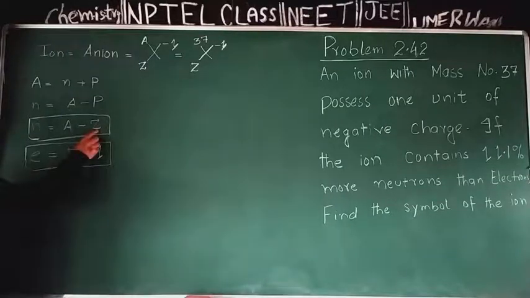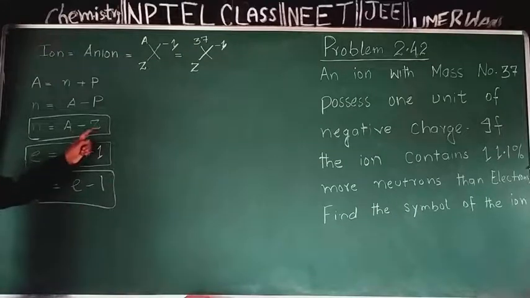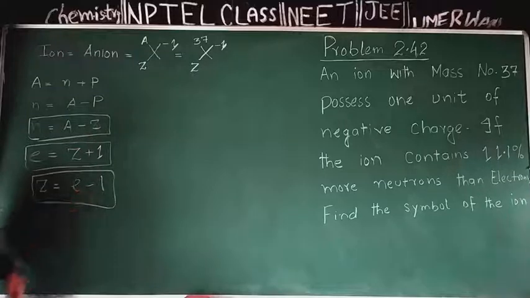So here, Z, I may write, Z is equal to E minus 1. Now I will substitute, instead of this Z, E minus 1, or I will express Z in terms of number of electrons.